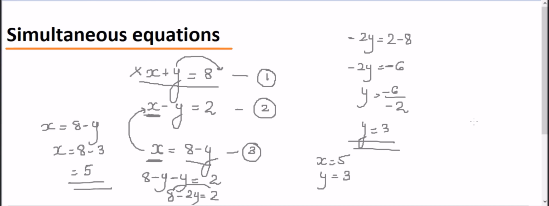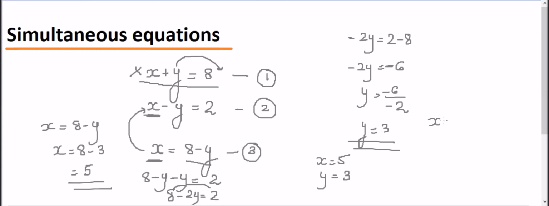Now after calculation, the best way to check whether your answer is correct or not is by the definition. As I told you, simultaneous equations are a set of equations for which if you put the values of the variables in any equation, they will satisfy it. So let me take equation 1.